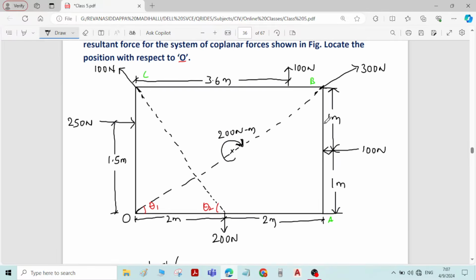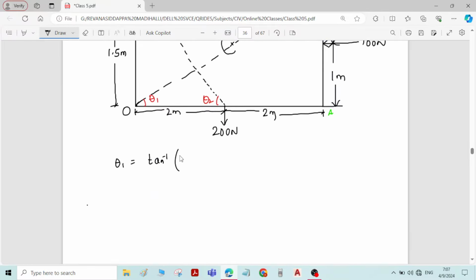Opposite is 2 meter, adjacent is 4 meter, 2 by 4. By this we will get the angle as 26.56 degrees.